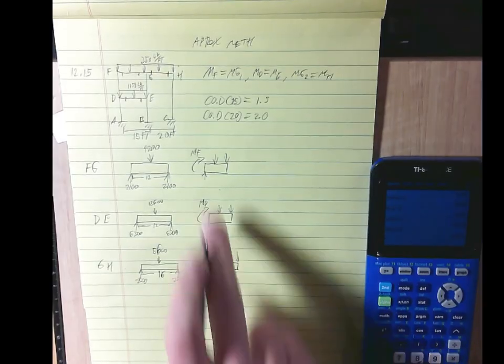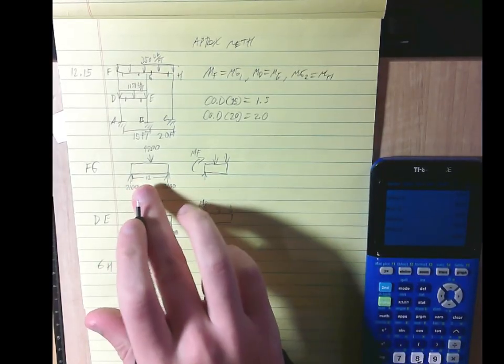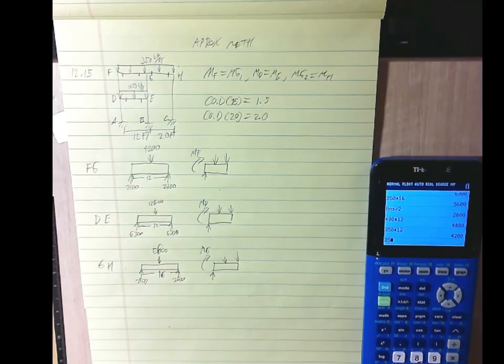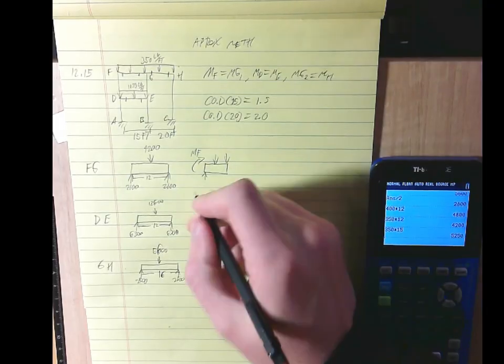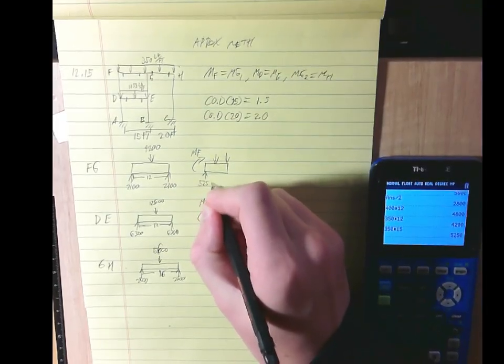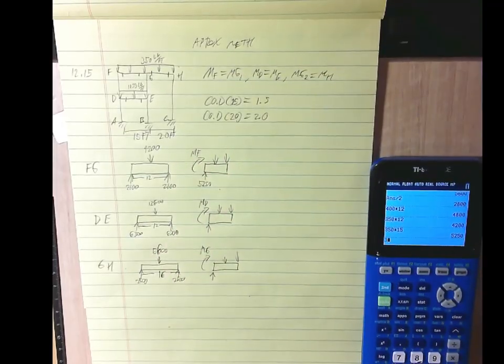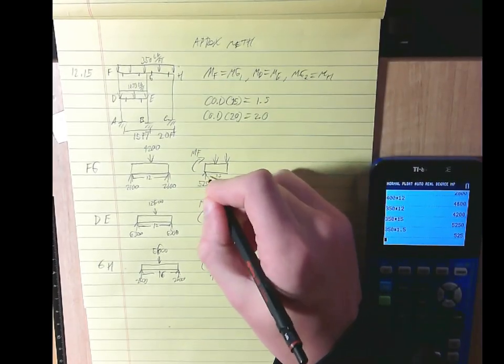But we can start with, let's see, this is going to be 350 times our full length of 15, which is going to be 5,250. This is going to be 350 times our length of 1.5, because remember, this is now 1.5 here.